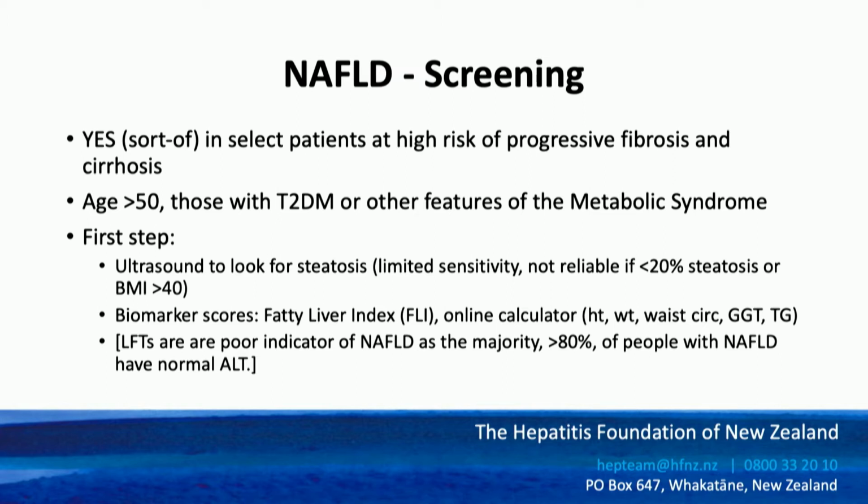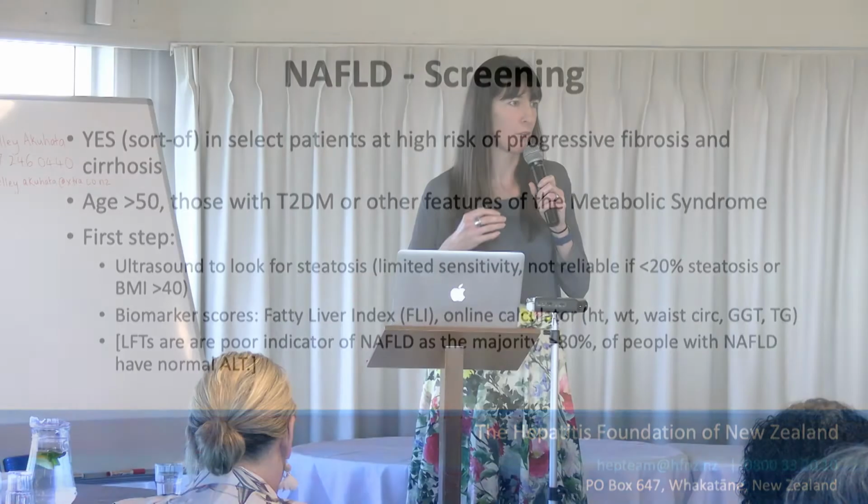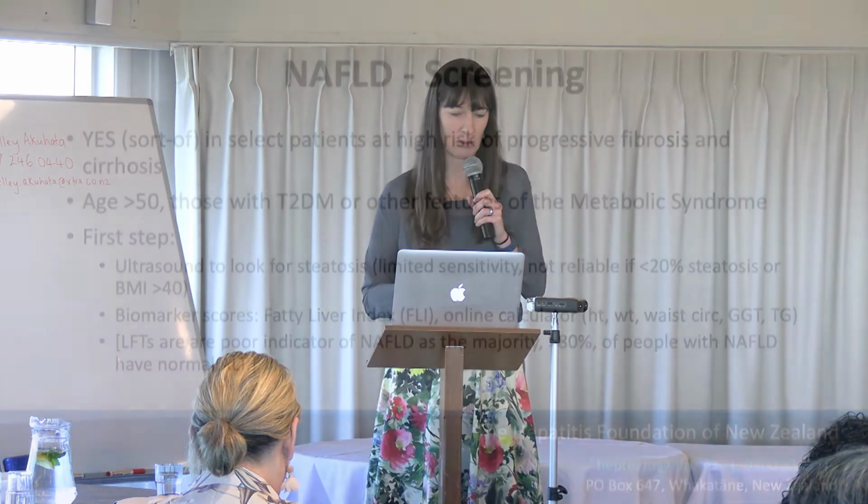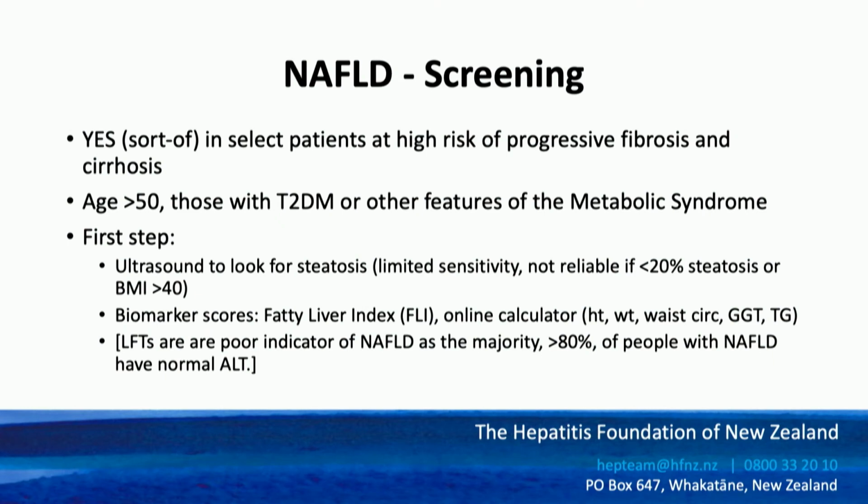Boom, that doesn't work in New Zealand because GPs can't request an ultrasound for screening of fatty liver disease. That would just get rejected by most DHB radiology departments straight off the bat. So again, it's very difficult, almost impossible, to screen for fatty liver disease. The biomarker scores, the fatty liver index, you can do if you're suspicious that someone has fatty liver disease. And as I said, LFTs themselves are a poor indicator.